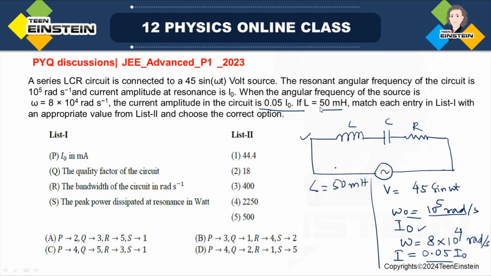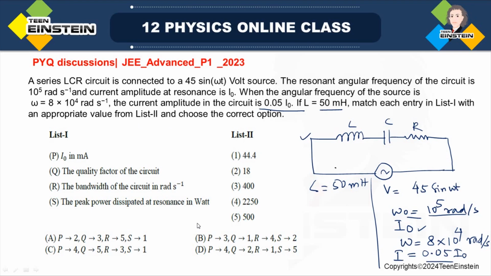If the L or the inductance is given as 50 millihenry, match entry in list 1 with an appropriate value from the list 2 and choose the correct options given here.